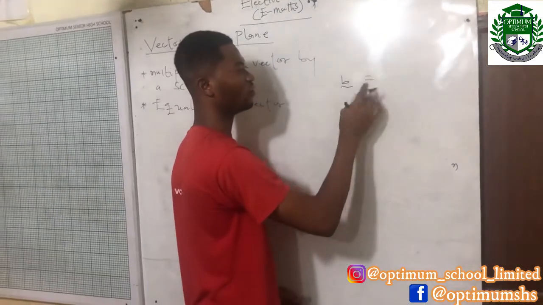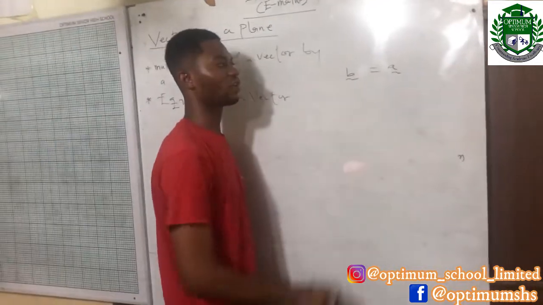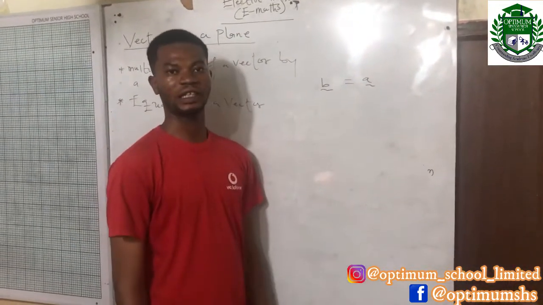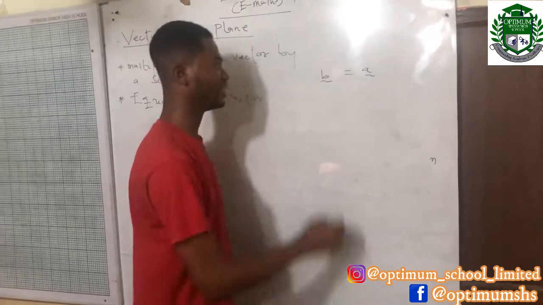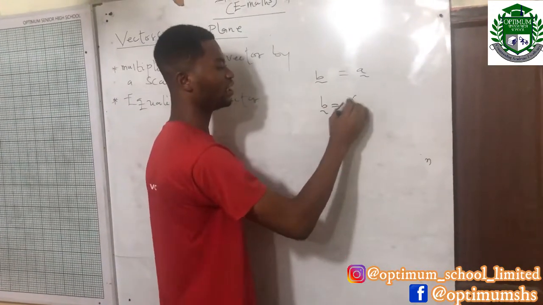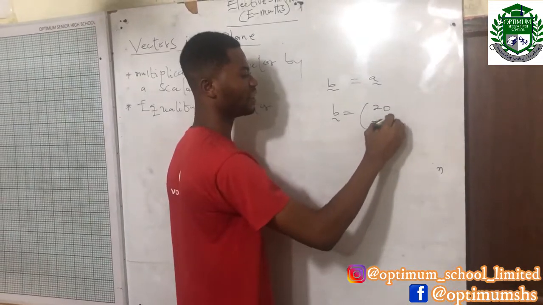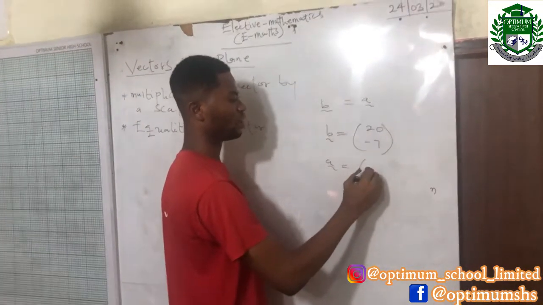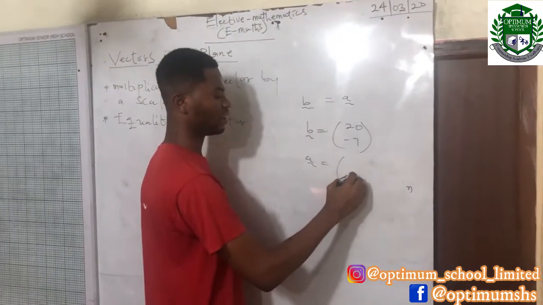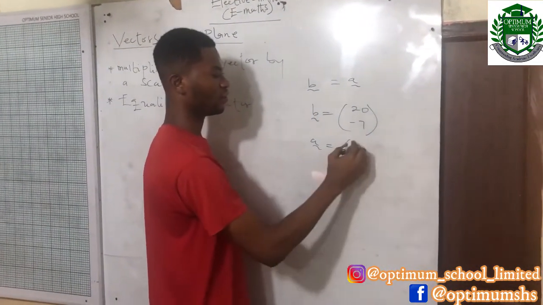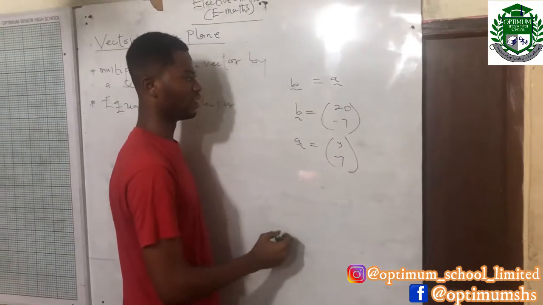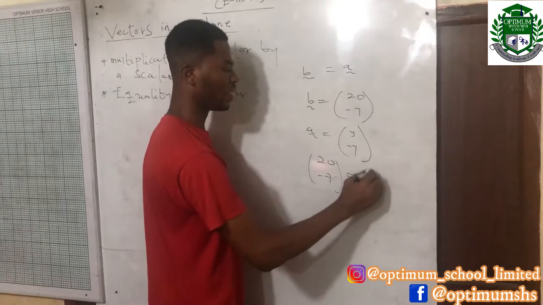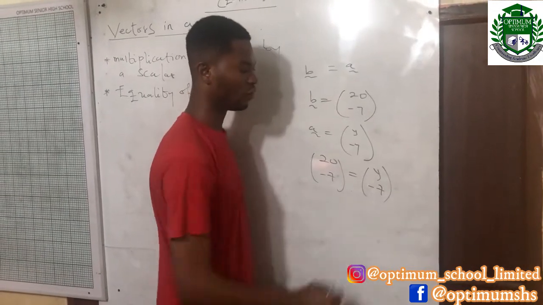So if I have these two vectors, let's say vector b is equal to vector a, and all of them are position vectors. Let's say b is equal to (20, -7), and a is equal to (y, -7), and you are asked to find the value of y.